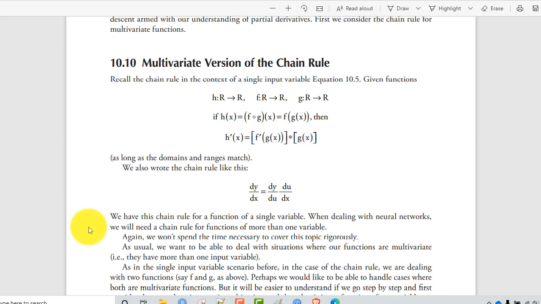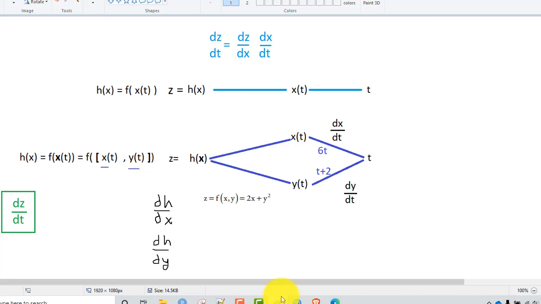Now, first of all, in the book, this is what it looked like. So instead of t here, I'm using x. So dy/dx is dy/du, that's the intermediate variable in the book, and then du/dx. And here, dz/dt is dz/dx times dx/dt.